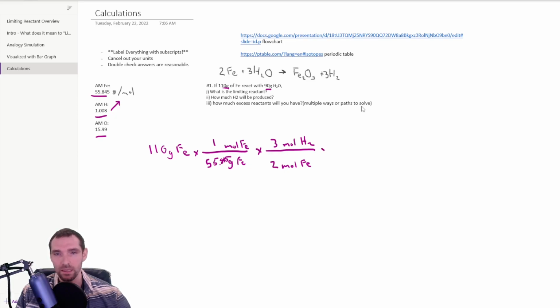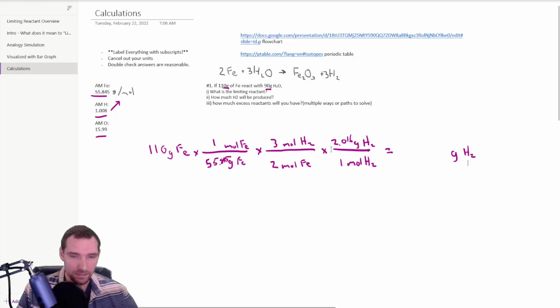And then in 1 mole of H2, we can ask how much that's going to weigh. It's 1.008 times 2. I believe that's 2.16. And that should give us the final amount of H2 if we do that calculation.